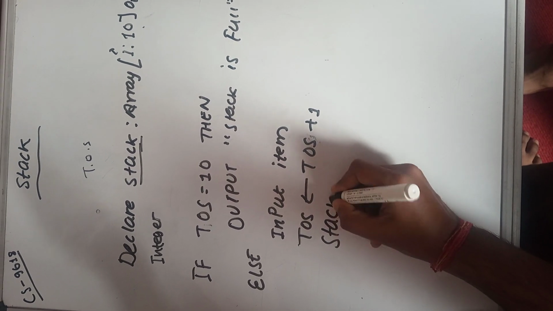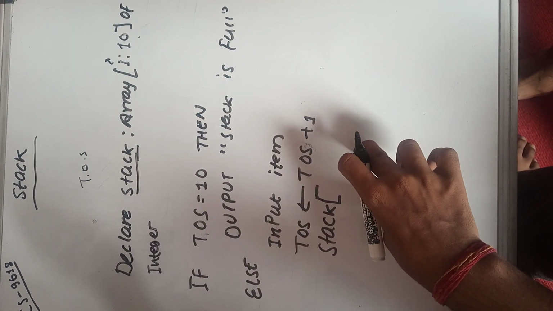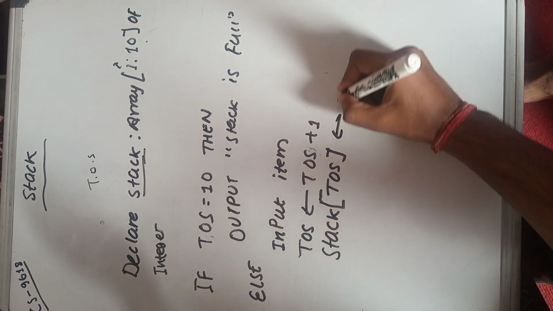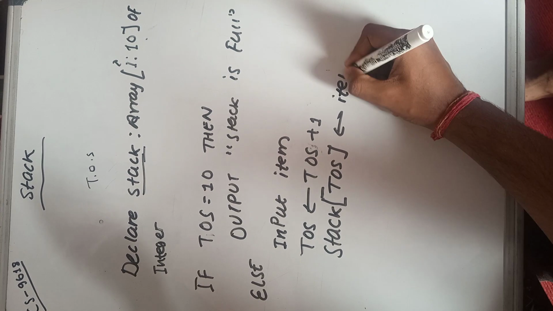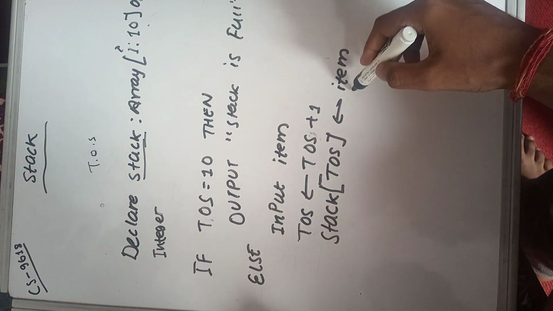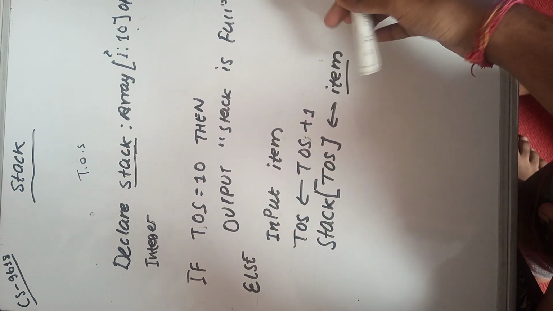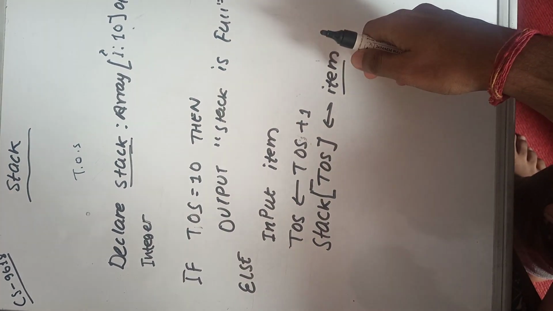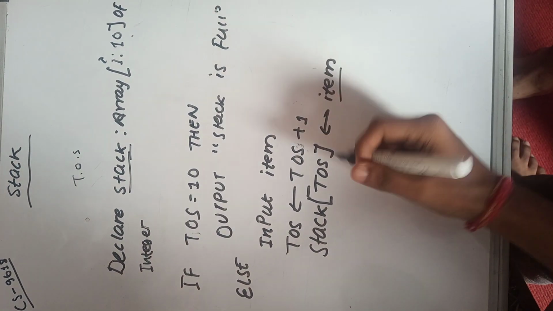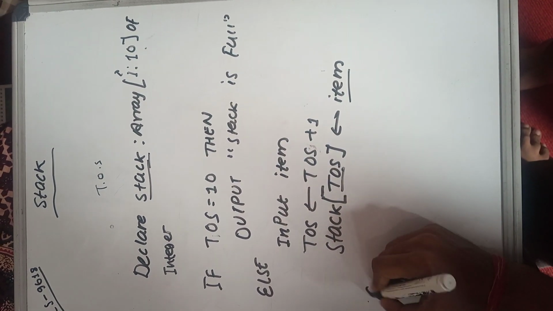So we use the TOS as the index of the stack. We push the item we have taken as input from the user, adding it at the index of the stack array. So we should end our condition here.